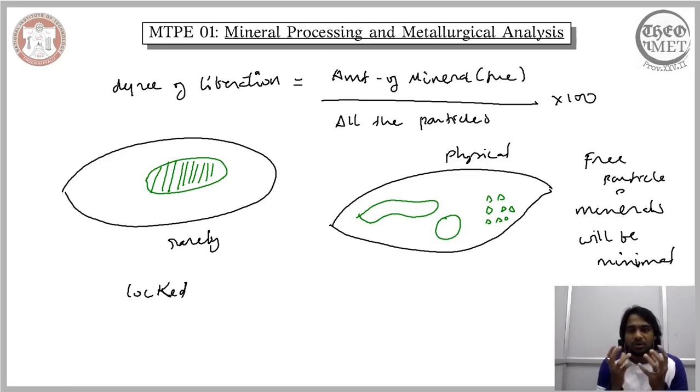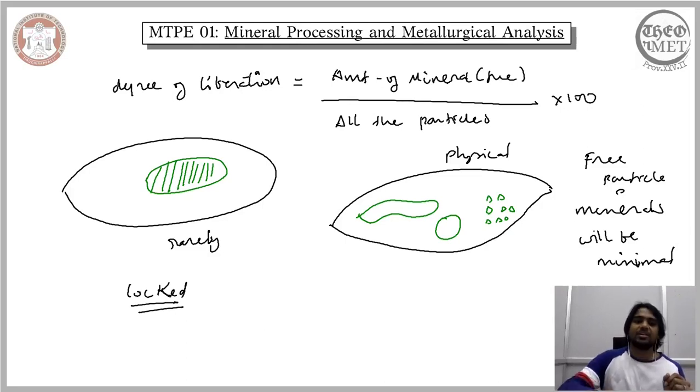The change that happens when we consider the physical particle is that, in the case of the schematics, only a small portion of the particles produced during comminution are locked particles. However, in the physical case, a significant portion of the particles produced are locked.